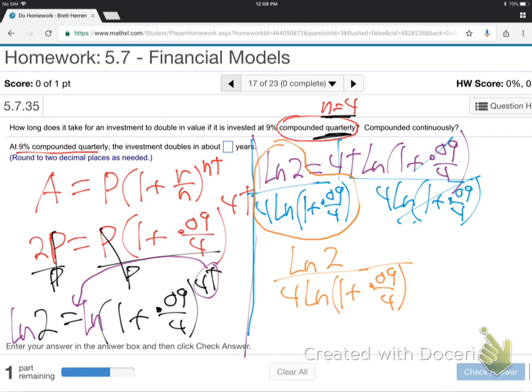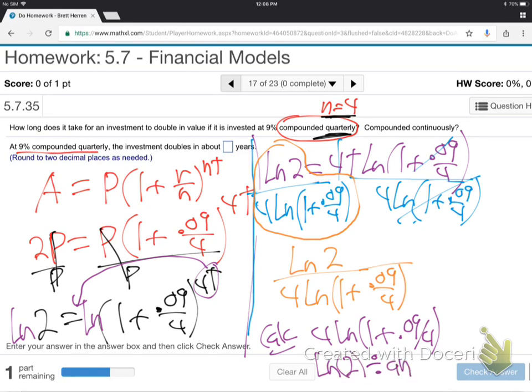I think that's easier. Start with the bottom, 4 ln 1 plus 0.09 over 4, and then the next line, take ln 2 divided by answer. That'll work fine either way.